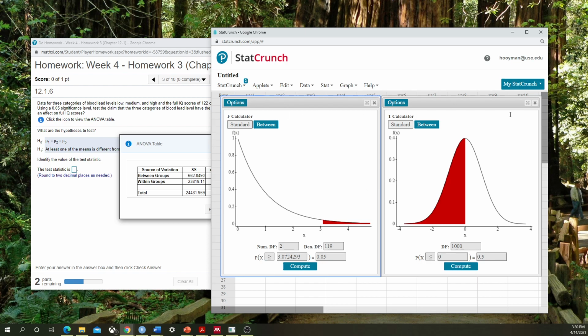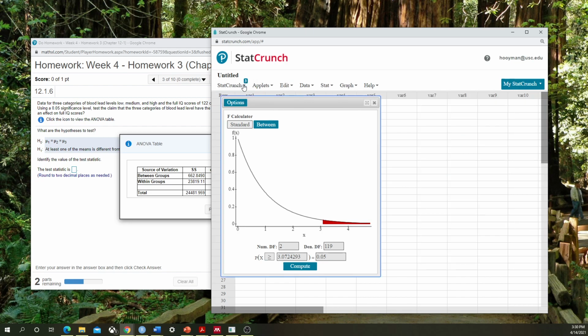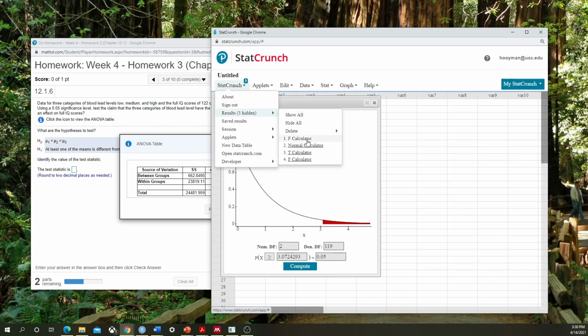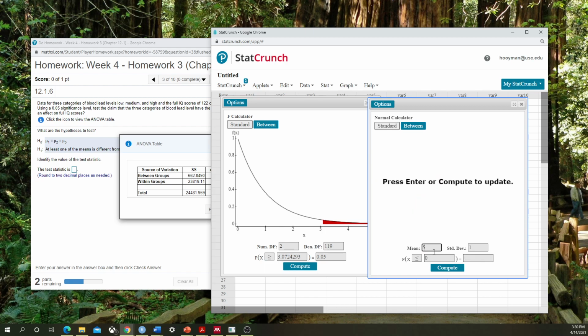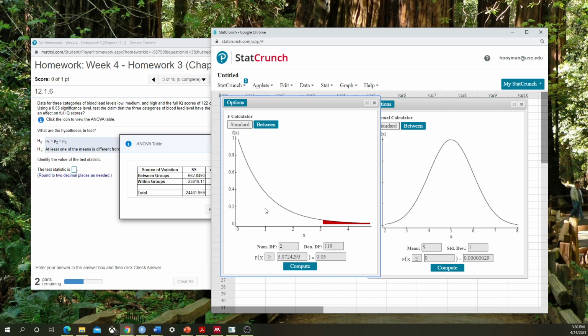And that's going to be different than if, okay, I'm going to exit out of the T calculator. I'm going to go back to the normal calculator. Here, obviously, my Z statistic, the normal calculator, the Z calculator, it's kind of the same thing, can change depending on if I change the value of what my mean is, and so this is going to be very variable, but of course the tails are never going to touch, so essentially they both go on forever, whereas the F distribution, it will go all the way up forever, but it will not go past 0 on the x-axis, but it will go up forever on the y-axis, okay?